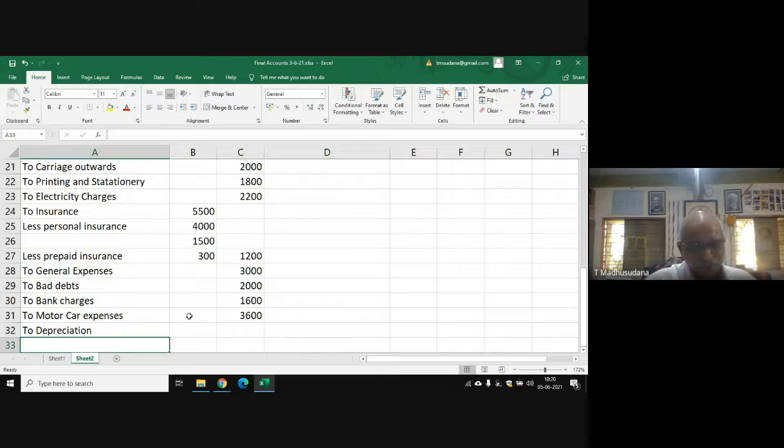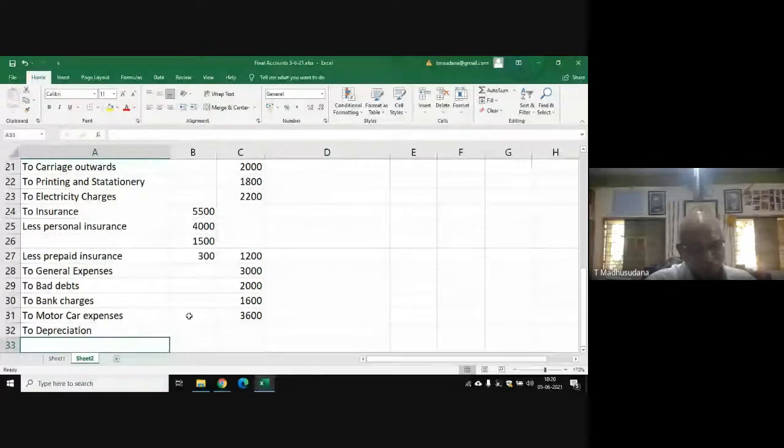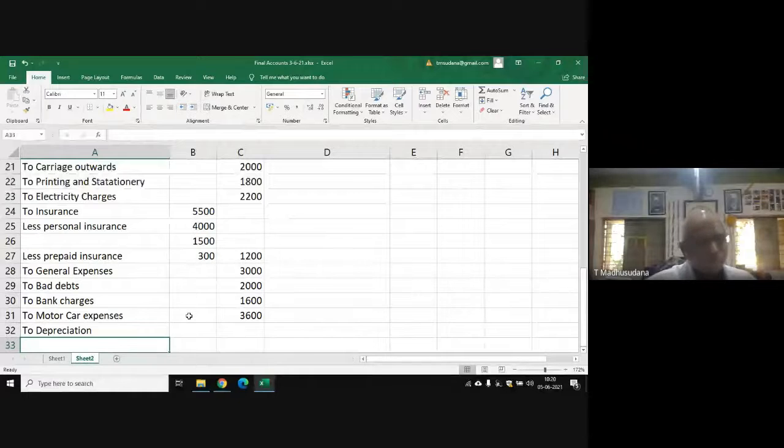Buildings used for business, 5%. You see the adjustment number 8.